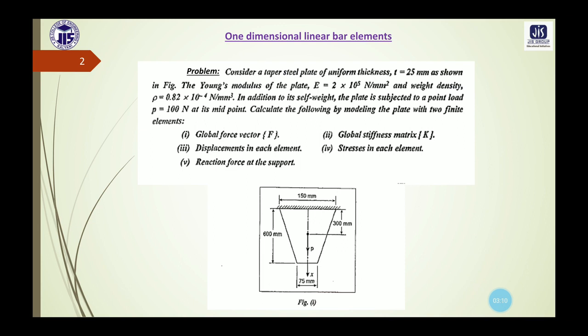Then we need to calculate the global stiffness matrix. Then displacements in each element. Then stresses in each element. And finally, the reaction force at the support. So these are the 5 different things that we need to calculate in this numerical.